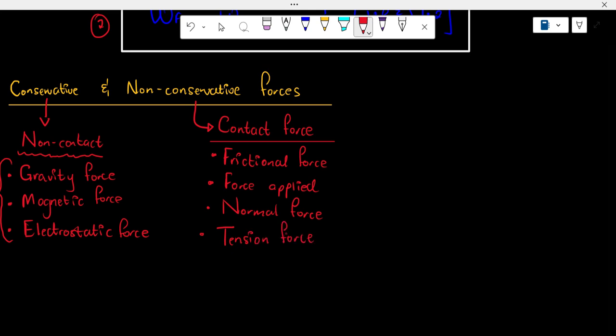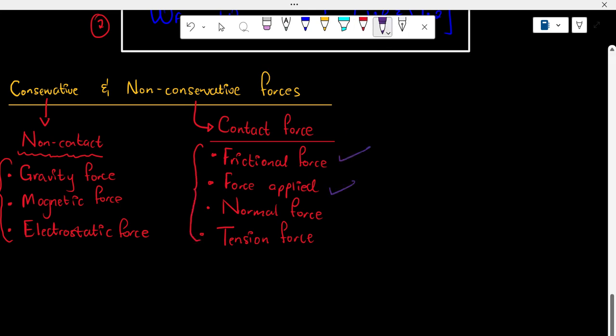So frictional force, applied force, normal force, tension force, and we'll keep it at these four for now. Notice how all these forces are your contact forces, and the others are your non-contact forces. In case you forget, just remember, your non-conservative forces are basically your contact forces, and your conservative forces are basically your non-contact forces.